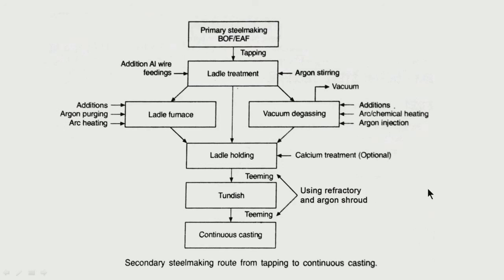So reoxidation, renitrogenation are not desirable. They have to be stopped. How do we stop it? By using proper refractory shroud, by using proper argon shrouding during teeming. Teeming from ladle to tundish and again from tundish to mold. So this is very important.